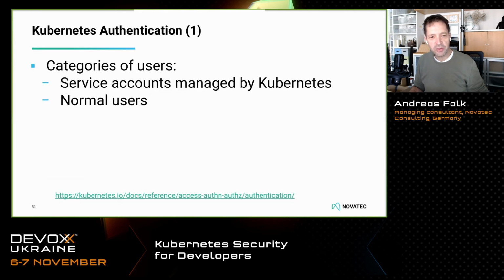For authentication, you have to take care that there are typically two categories of users on Kubernetes. There are service accounts that are managed by Kubernetes itself. These service accounts correspond to your applications that are running, so each application has at least a service account by default. And then you have the normal users with typically different roles on your cluster.